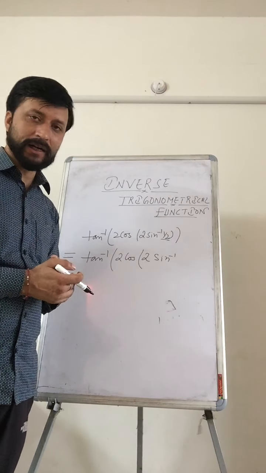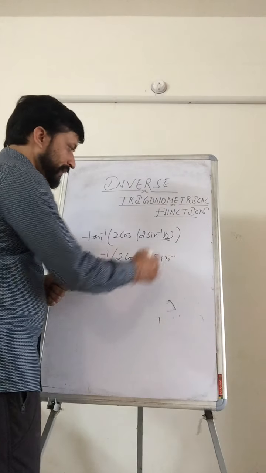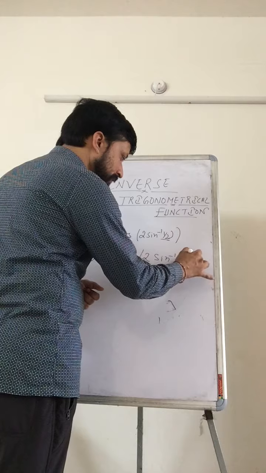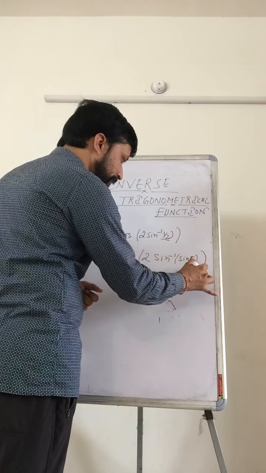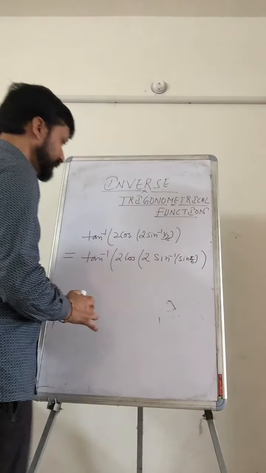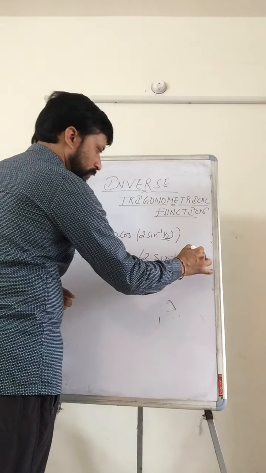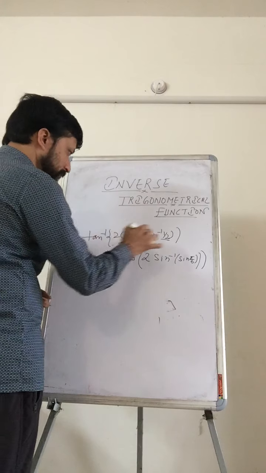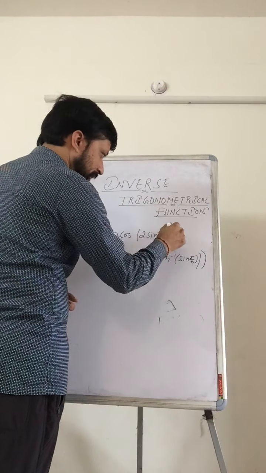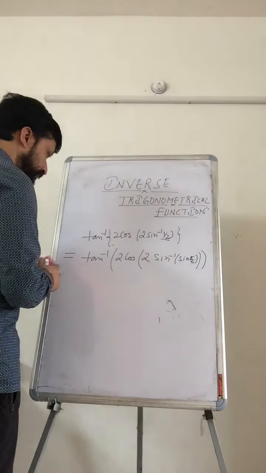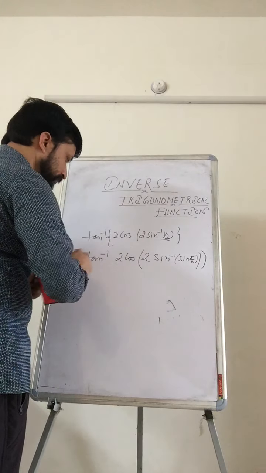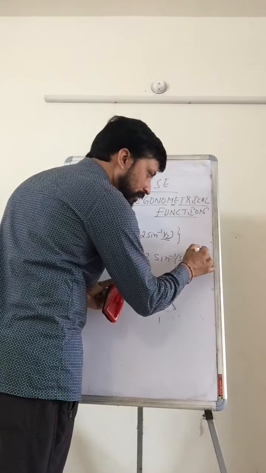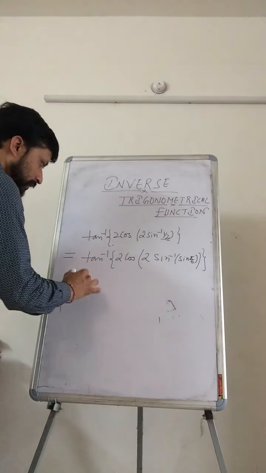Pi by 6 or 30 degrees are both the same, so we can write sine pi by 6 and close the brackets. You can write it this way also if you have any problem, so that there is more clarity. Actually in the question it is like this, but we can do this, no problem.